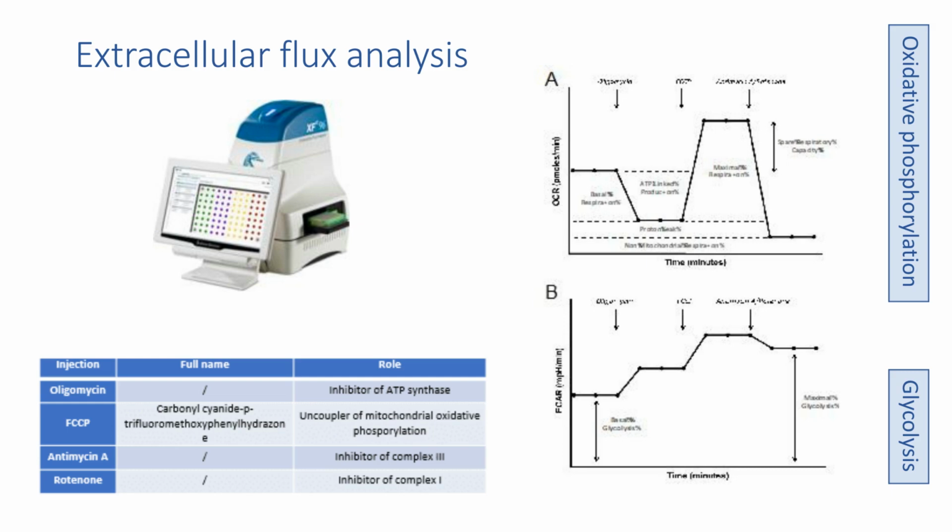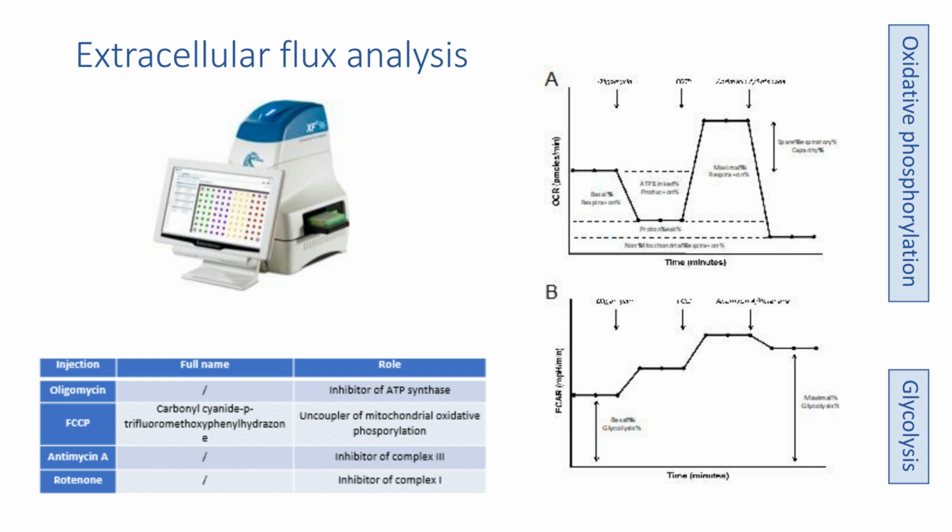And you can use different points on the trace that is generated, and you can calculate different things such as spare respiratory capacity, maximal respiration, and a whole host of different parameters. And then equally on the bottom, you can do the same thing, but here you're measuring extracellular acidification rate, which is a measure of glycolysis. And again, you can look at various glycolysis parameters using the data that you generate in that trace.